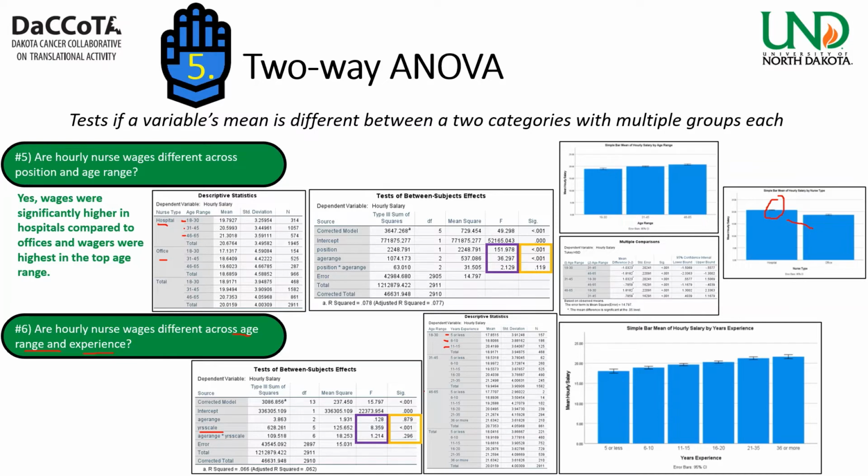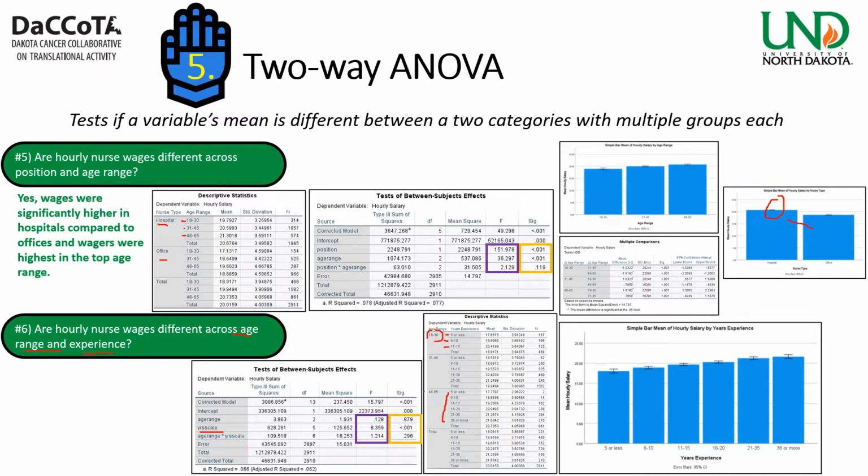And I guess you can see here, there's actually more years of experience the higher up you go, because this is also a little bit poorly selected on my part in some ways, because these lower age ranges don't have these higher years of experience.